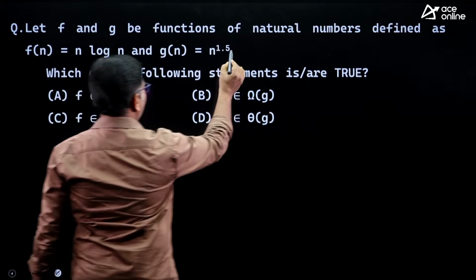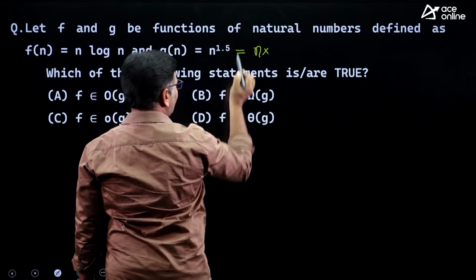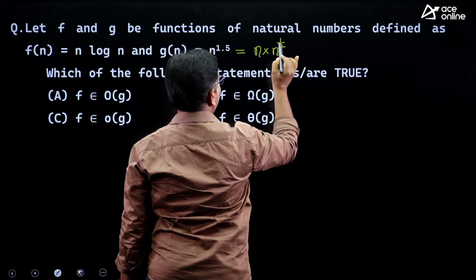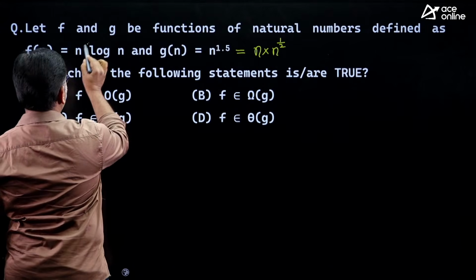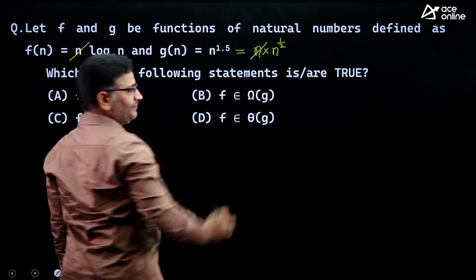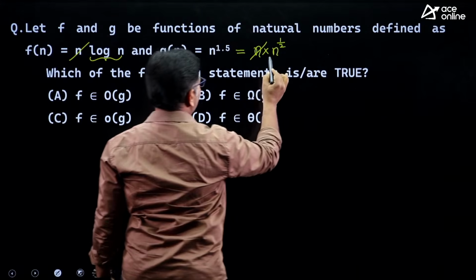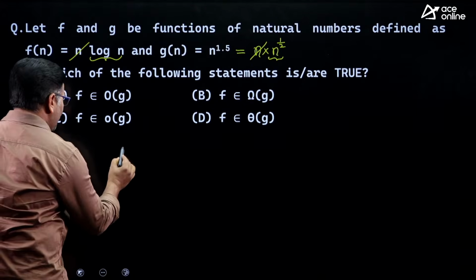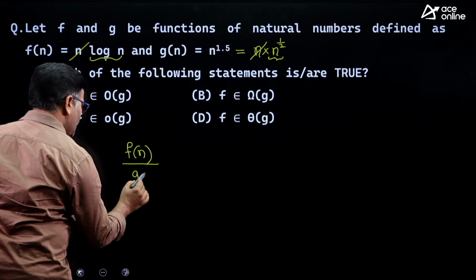So g of n we can write as n into n to the power of 1.5, which means n into n to the power of 1 by 2, correct? Just cancel the common terms, it is n, it is also n. Now we have log n and root n, right friends?